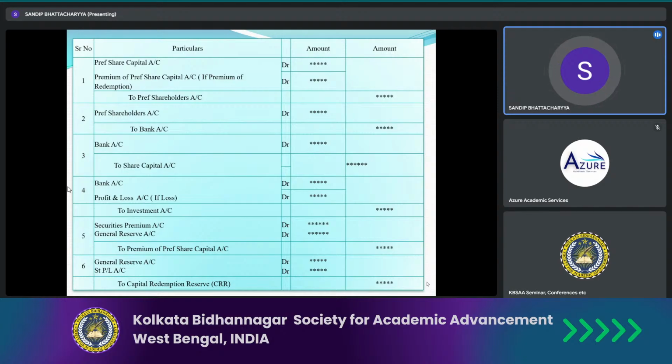This must be the face value, the issue price of the preference shares. So these are the generalized formats. This is not the entire list, because there will be other entries depending on the situation, but these are the generalized journal entries for the redemption of pref shares. I hope up to this it is clear to you.